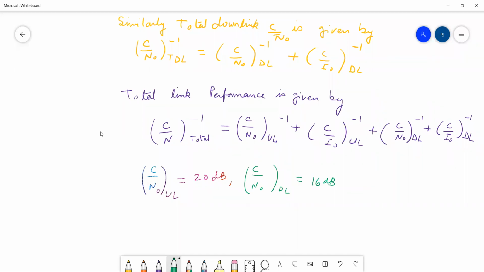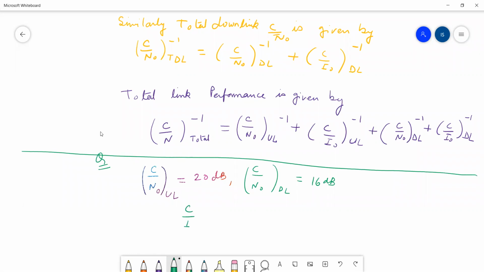Okay, now the question is: C by I of uplink is given as 23 dB and C by I of downlink is given as 20 dB.